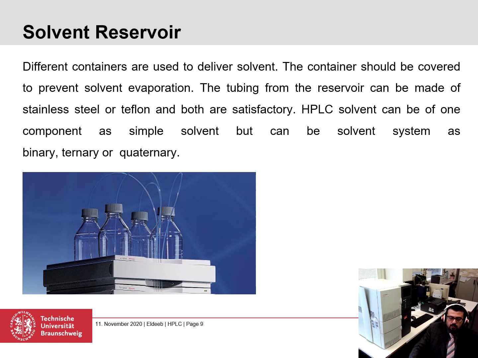One can have up to 4 containers because the mobile phase can be a mobile phase system consisting of a binary mobile phase, so 2 components, 2 solvents, or tertiary or quaternary, so 4 components, 4 solvents mixed together. The tubing from the container can be made of stainless steel or Teflon, and both are satisfactory.